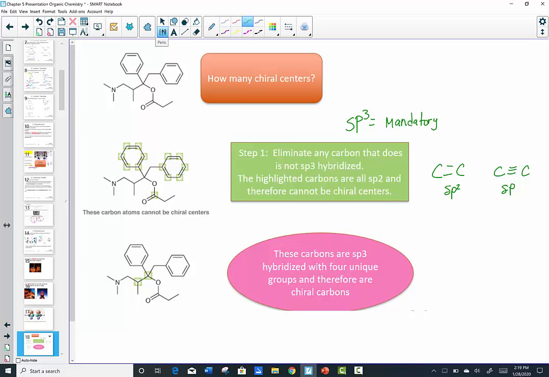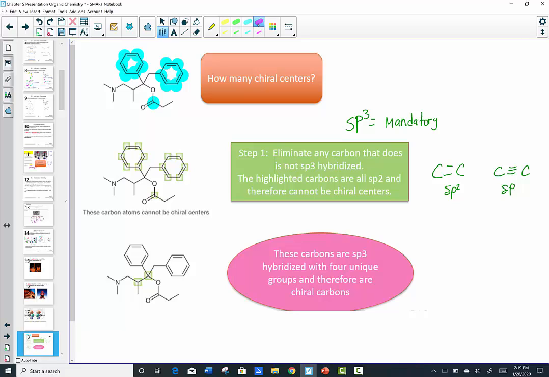So look what we're able to do with just that executive decision. I can eliminate any carbon that's involved in a multiple bond. All those carbons eliminated. All of these carbons eliminated. Those are all sp2 hybridized. Here's another carbon involved in a double bond. Get rid of them. Don't even bring your attention there. That helps to clearly focus on finding carbons with 4 attachments.